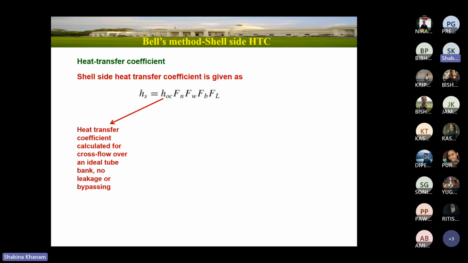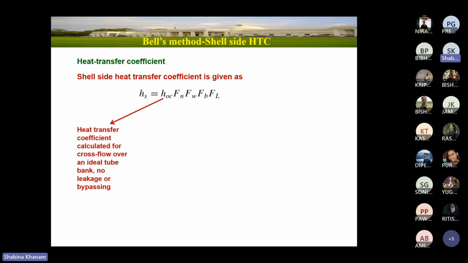So HOC is the heat transfer coefficient for cross flow. In Kern's method, cross flow only counts the middle part.